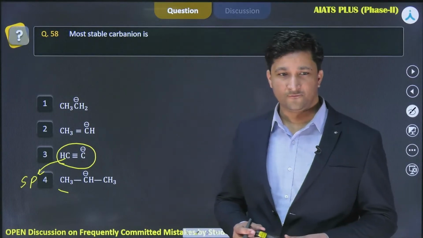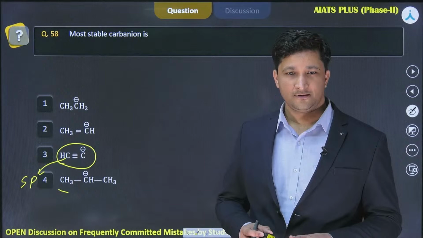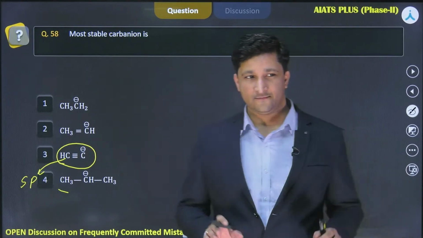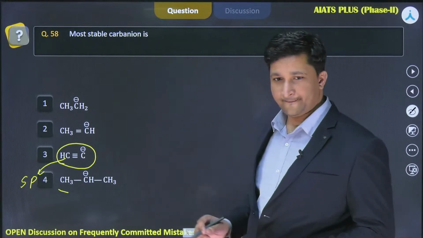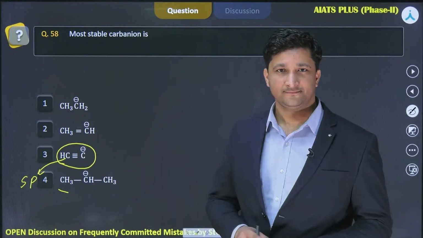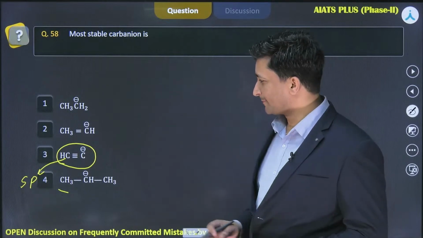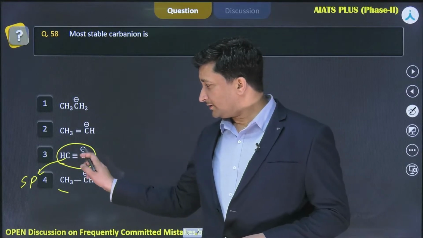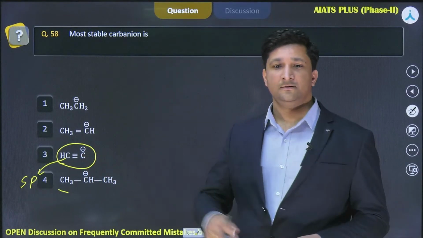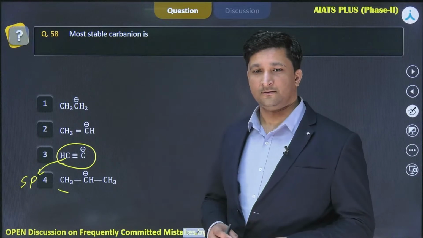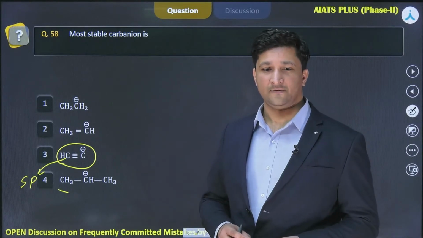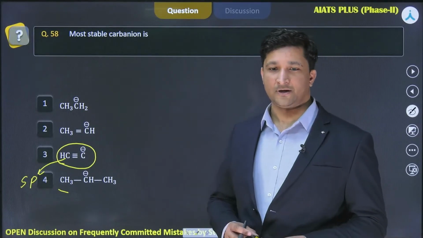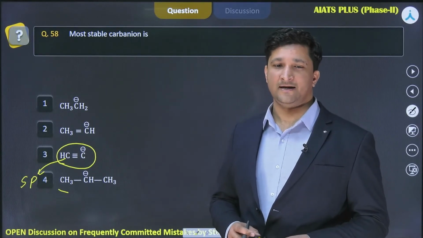Someone is saying, sir, 4. Why do you think it is 4? Okay, I will discuss it, don't worry. Tell me the reason for the fourth. Let's see, the tendency to donate these electrons. No, that will not affect here. Stability, minus I. 4 is a carbocation, not a carbanion. Exactly.